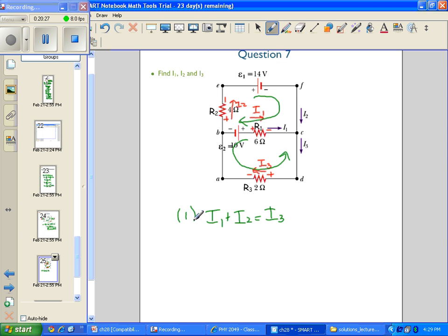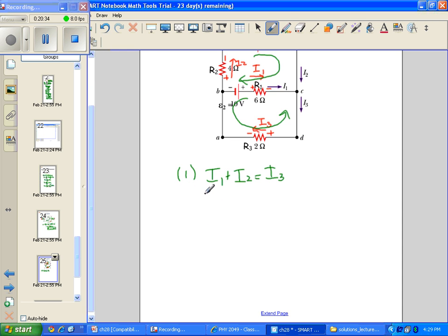So let's start with the top loop to give us an equation 2, and let's just come over here and lower this a little bit. And I'm going to start with the battery, the 14-volt battery.